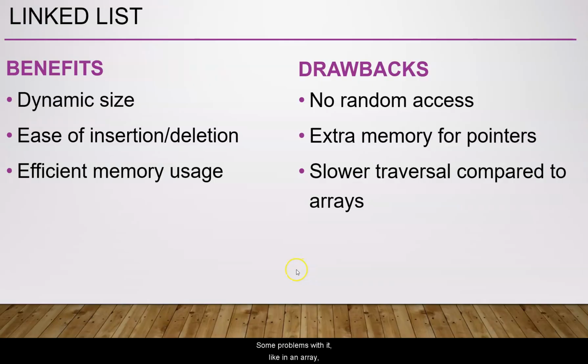Some problems with it: in an array, we could say we want to go to element 4, and it's easy. In a linked list, you have to start off at the beginning, at the head, and go to the next one till you find your fourth one in the linked list. So that's a more inefficient method, right?